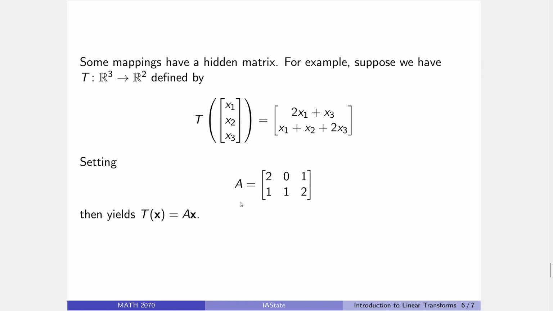And indeed, letting A be precisely the matrix whose coefficients correspond to these suspiciously linear-looking expressions, I get our matrix for this. And note that this tells me now that T is a linear mapping. So sometimes I can communicate a linear mapping to you without explicitly giving you the matrix. I can just give you a collection of linear expressions like this. Nice. So this will be something we'll be doing every so often, where we just announce a linear mapping and don't explicitly give a matrix for it.